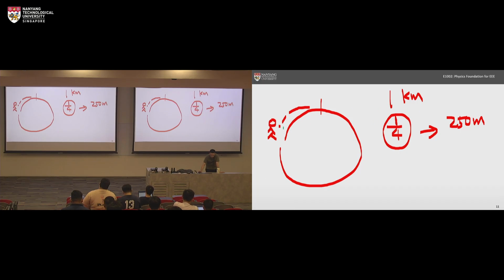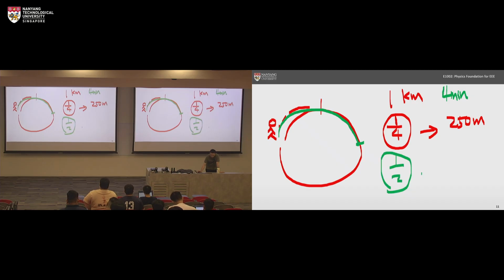If a person can run one cycle in 4 minutes, and I tell you I ran half a cycle, 1/2, you actually know I already spent 2 minutes. Okay, so this is the basic concept of a phase.